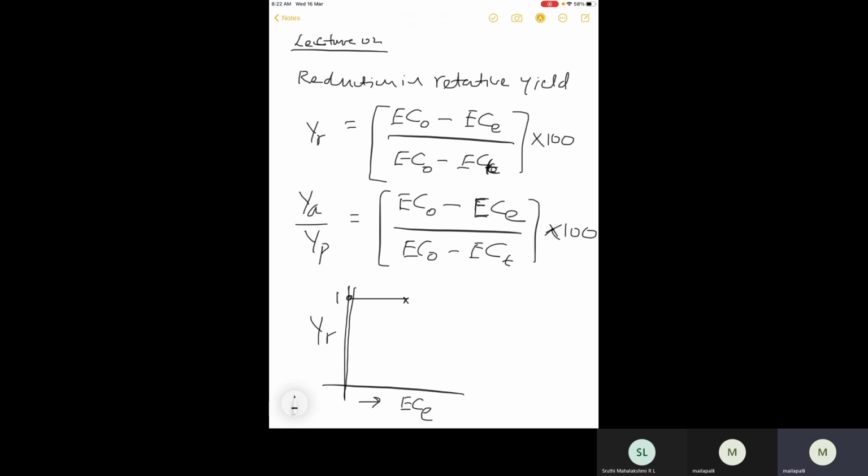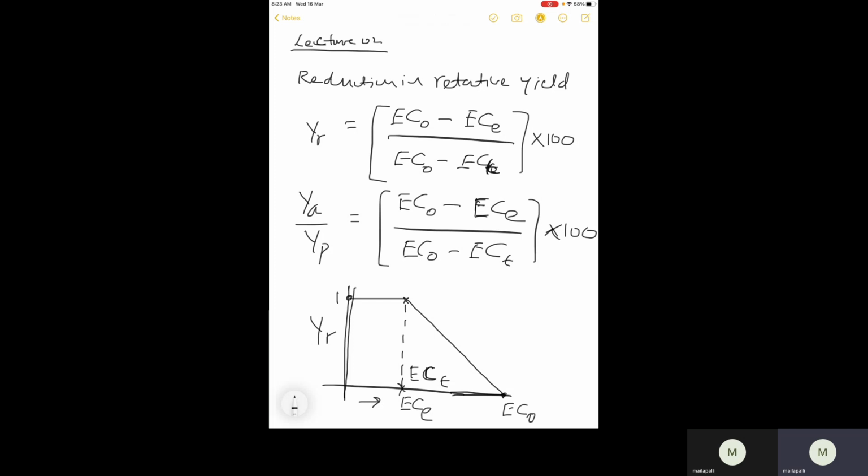That can happen up to some soil salinity level. We call this ECT, a threshold. After that, if you continue increasing the soil salinity, the yield declines linearly, and at some point you get 0 yield, and we call that EC0.